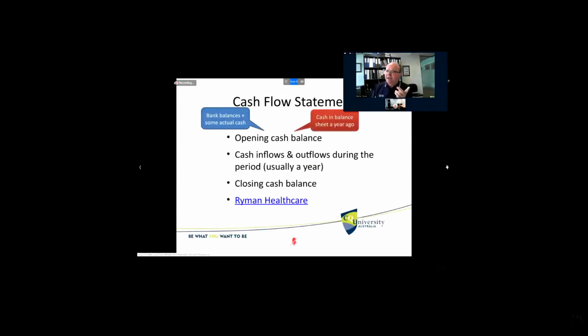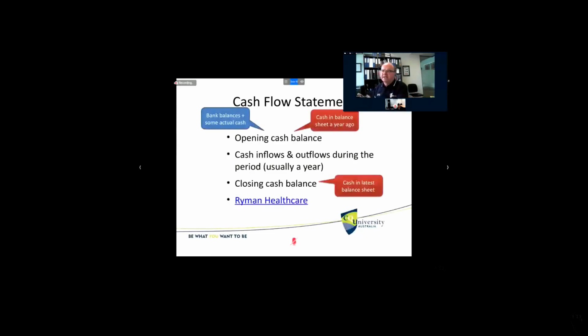Now the opening cash balance is your cash in your balance sheet a year ago. So we go back to the balance sheet from a year ago, and we start with its cash balance. And then we go to the cash in the latest balance sheet, which is the closing cash balance. And the cash inflows and outflows are showing how we got from one figure to the next.